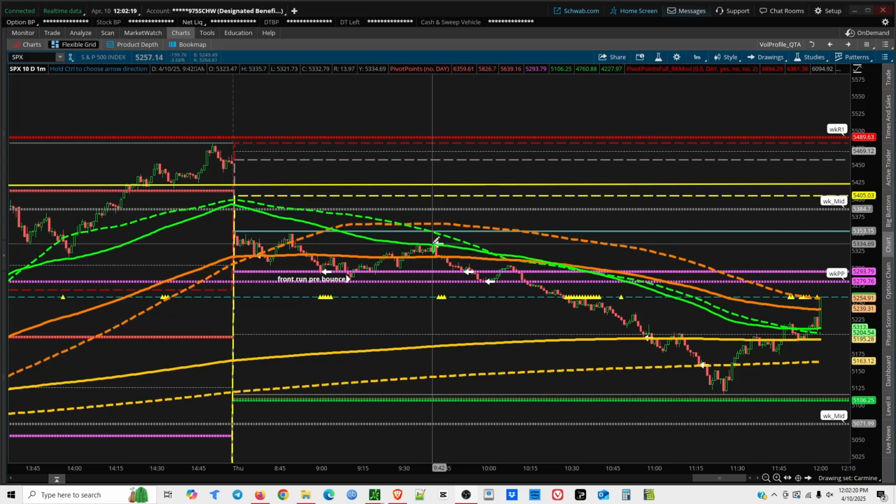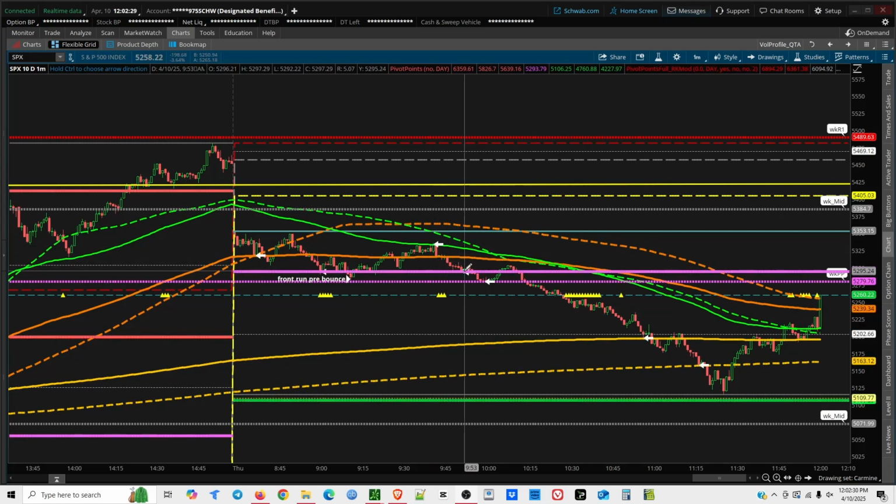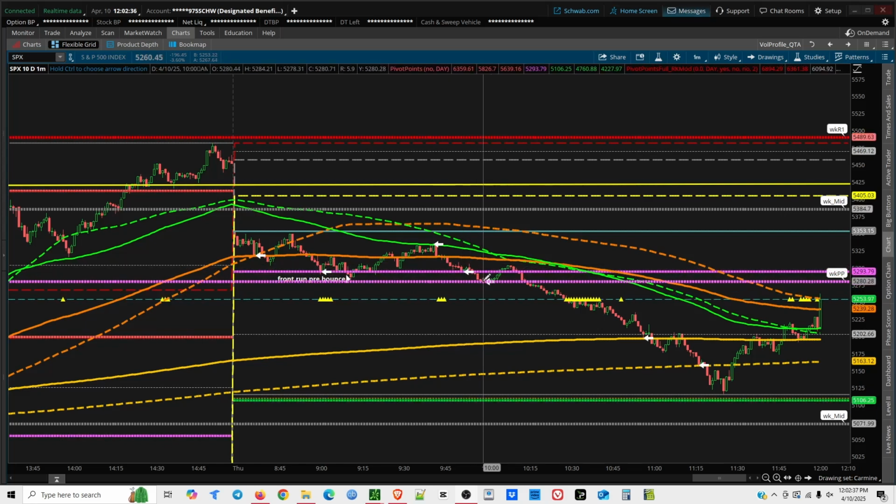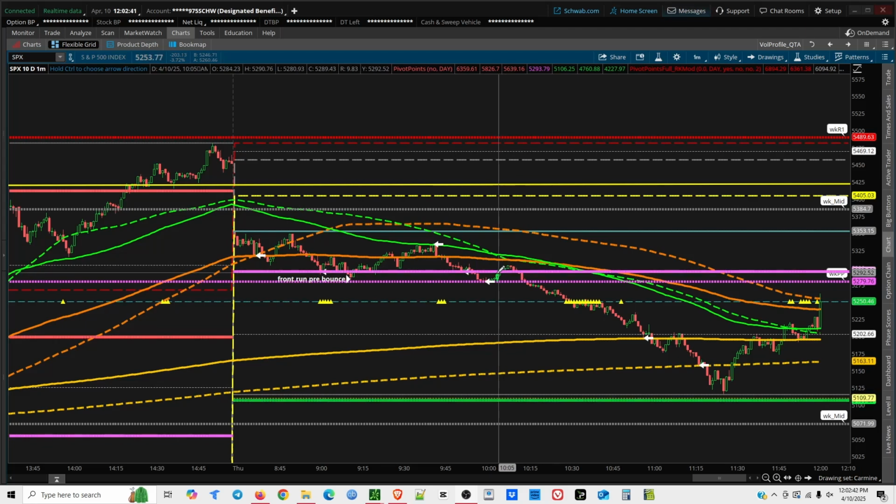That's why the 100 EMAs are also very, very valuable. And then it rolled down and touched this first pivot again, where there was a nice little bounce, and then touched this next pivot, which provided for a very, very nice bounce. Now let's look at those spots on the other charts.